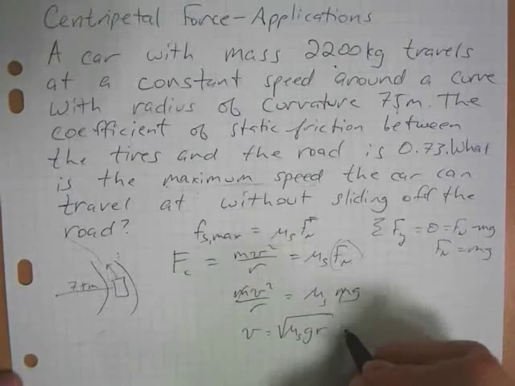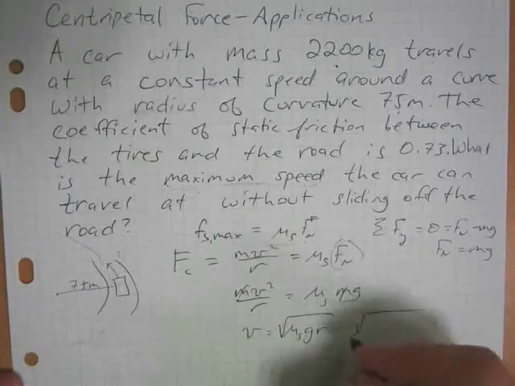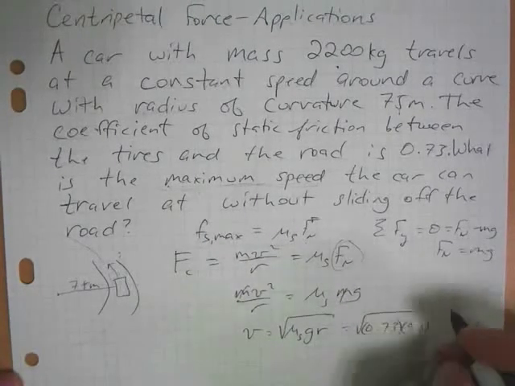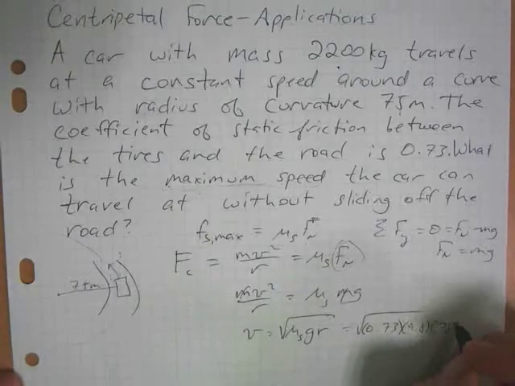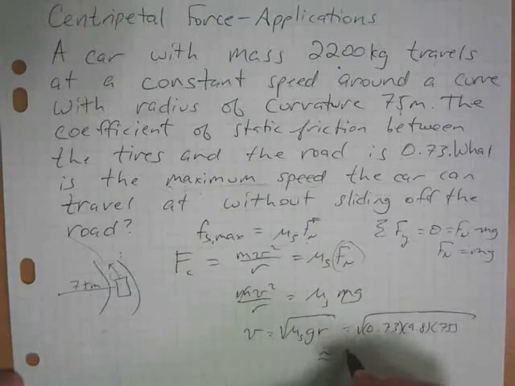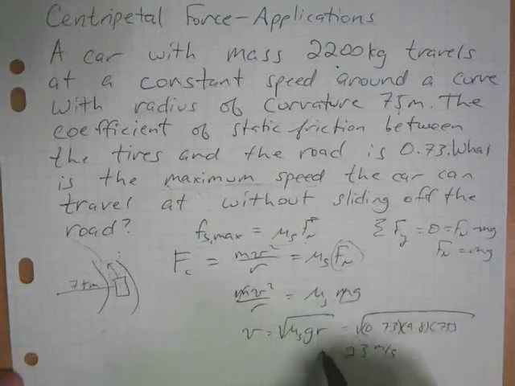And then we can plug in our values, 0.73 times 9.8 times 75, and get a velocity that's about 23 meters per second, 23.16, and so forth.